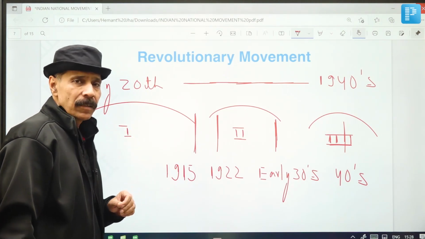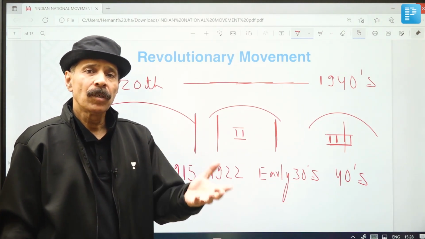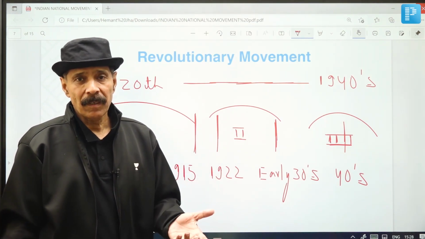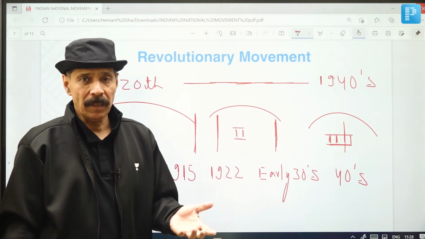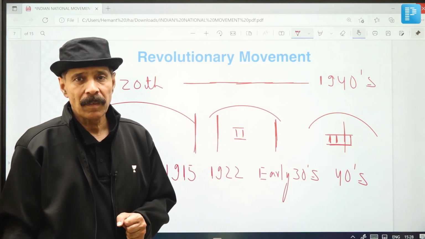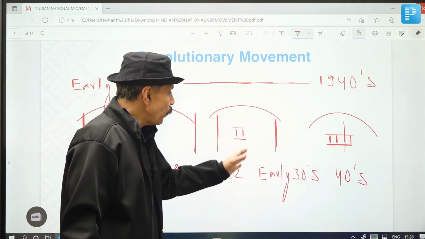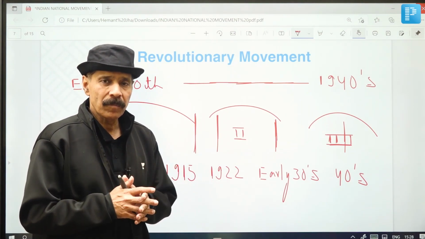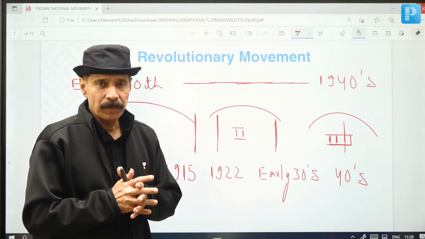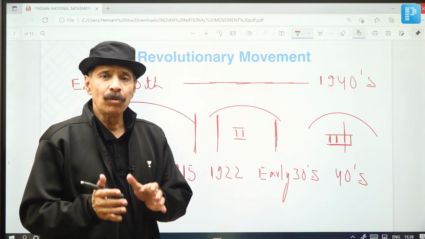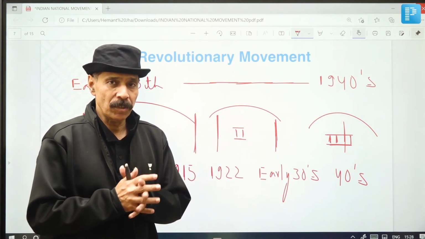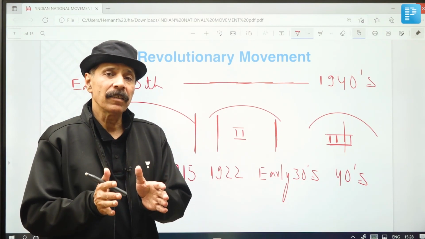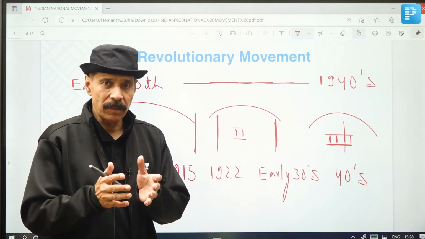In the first phase, this spread to areas outside India, like Europe, Canada, United States. In the second phase, North India was the main region. And two broad groups emerged. One was represented by the Hindustan Socialist Republican Association, founded in 1928, where you find revolutionaries like Chandrasekhar Azad, Bhagat Singh.